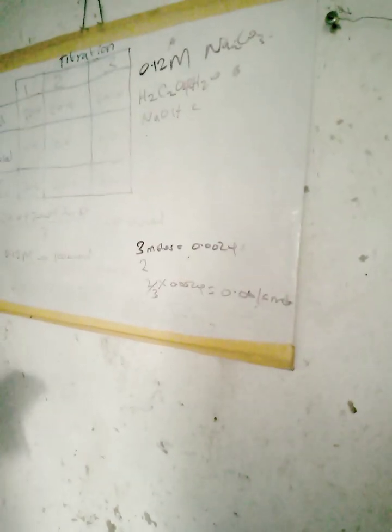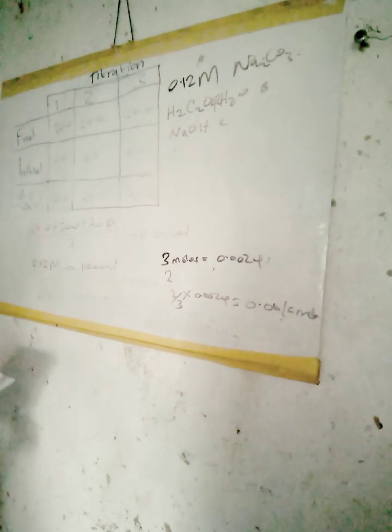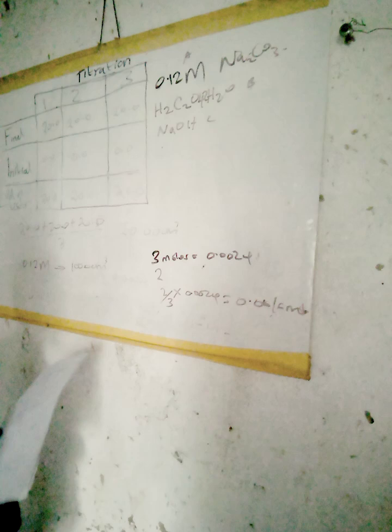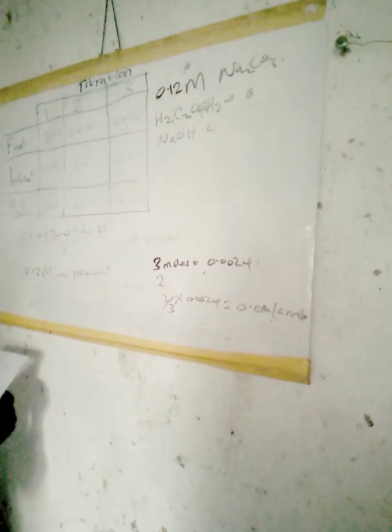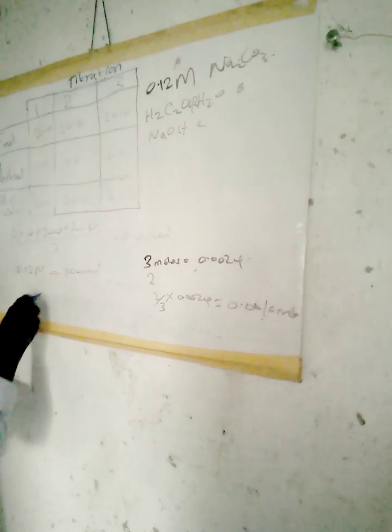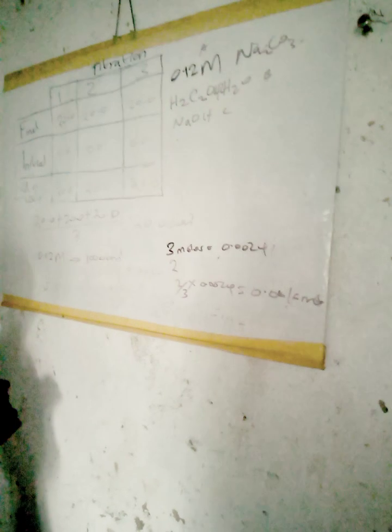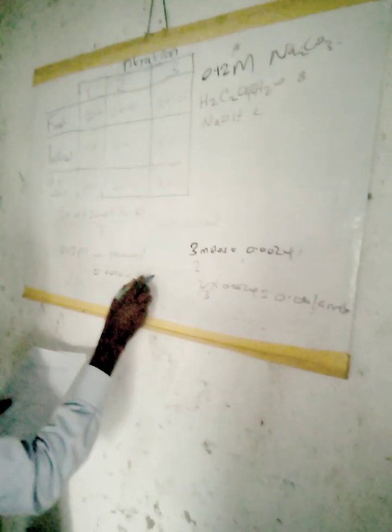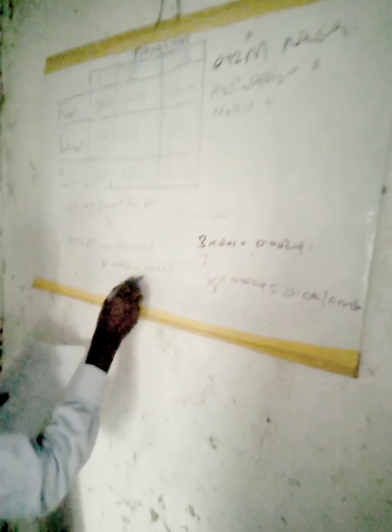We are saying that determine the number. Yes, it is true, we are just correct. 0.0016 is equivalent to 25 centimeter cubed. What about 250?